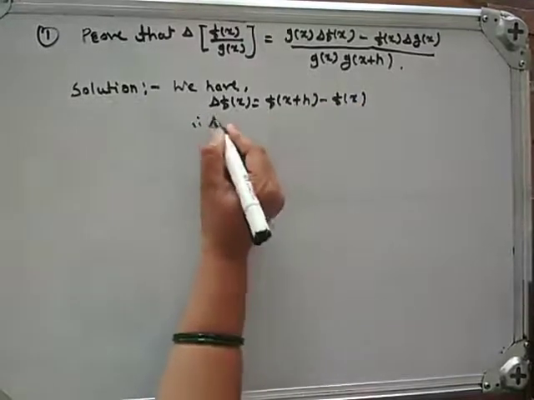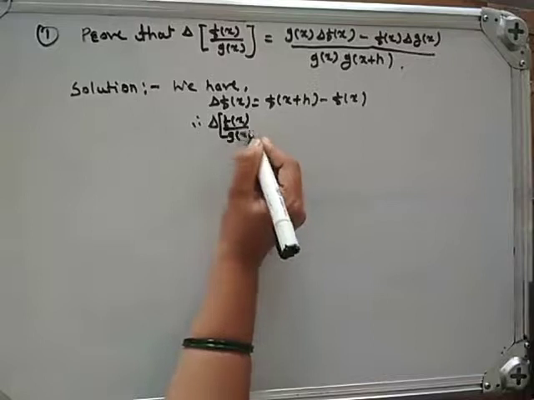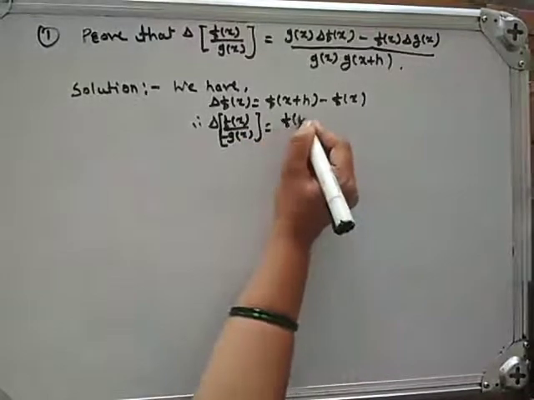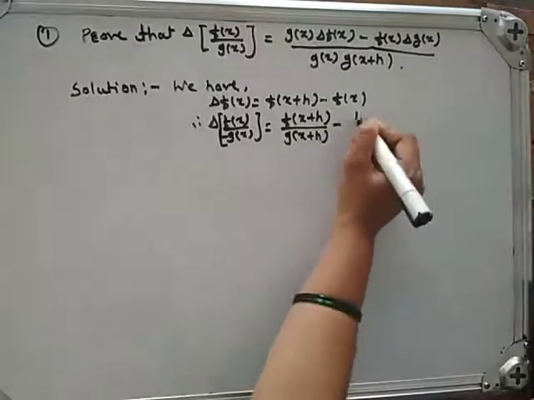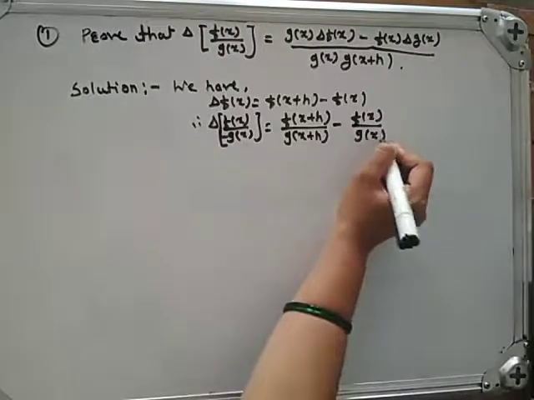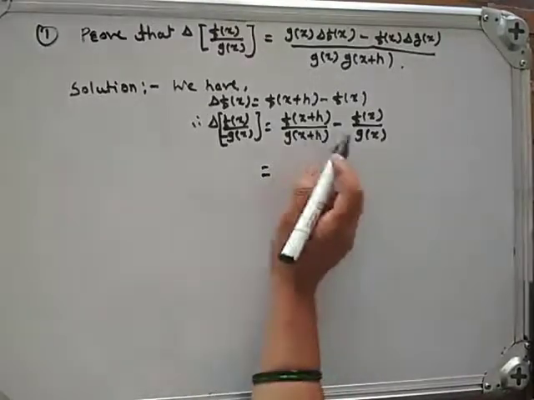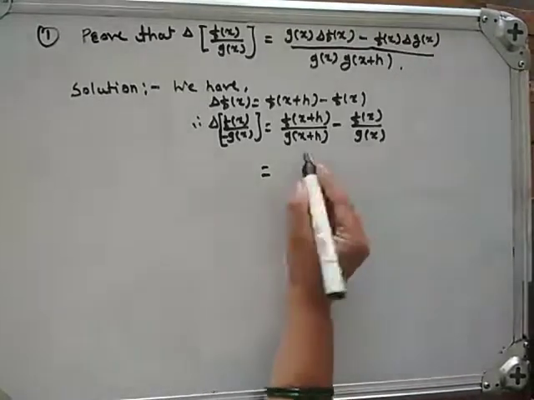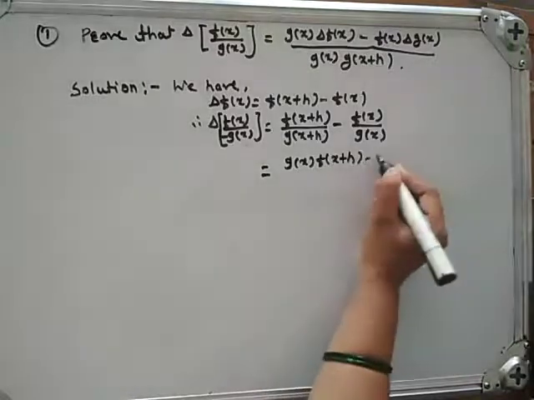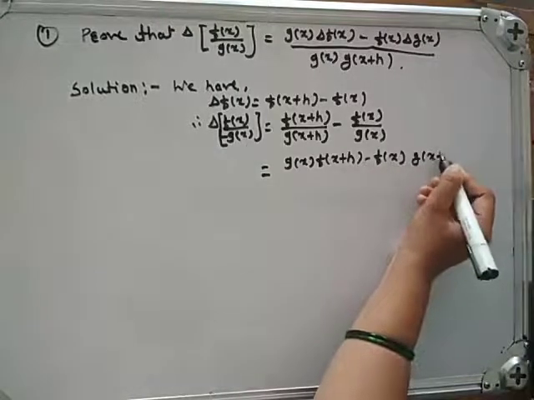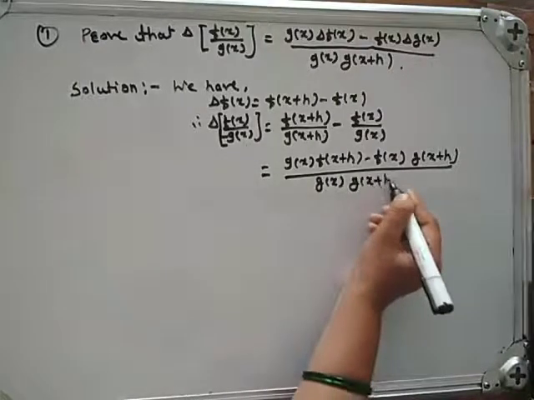Therefore, delta of f of x upon g of x is equal to f of x plus h upon g of x plus h minus f of x upon g of x by definition of delta, which is equal to, simplify this, we get g of x into f of x plus h minus f of x into g of x plus h upon g of x into g of x plus h.